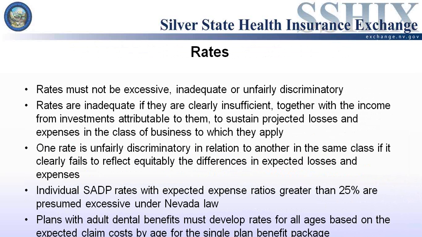What carriers proposed to us for 2014 and again in 2015 was, for an adult rate, to zero out the utilization for pediatric dental benefits. We're not going to allow that. This needs to be rated as a single benefit package.